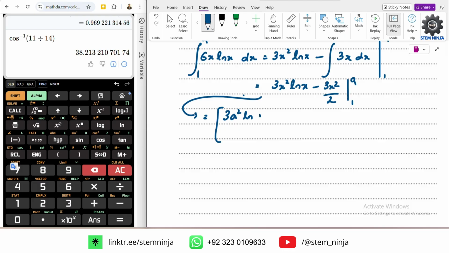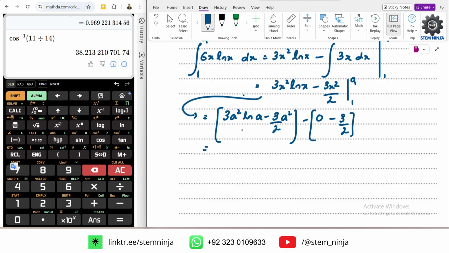3a squared ln a minus 3 over 2 a squared. ln 1 is 0, so this just becomes 0 minus 3 over 2, so plus 3 over 2.